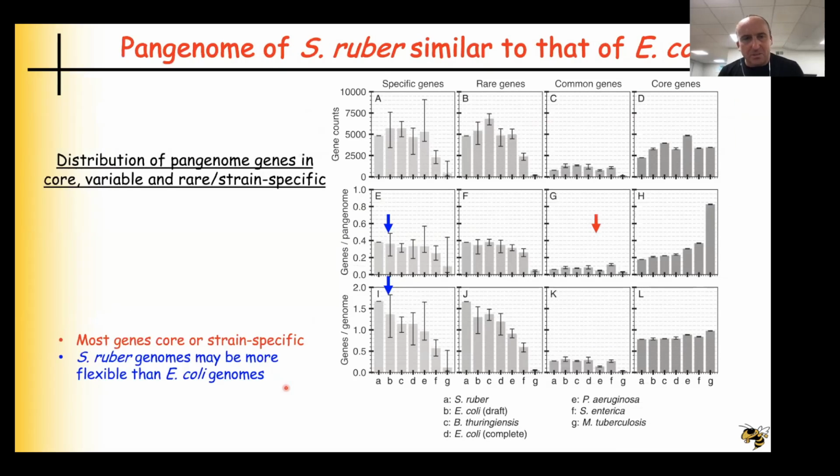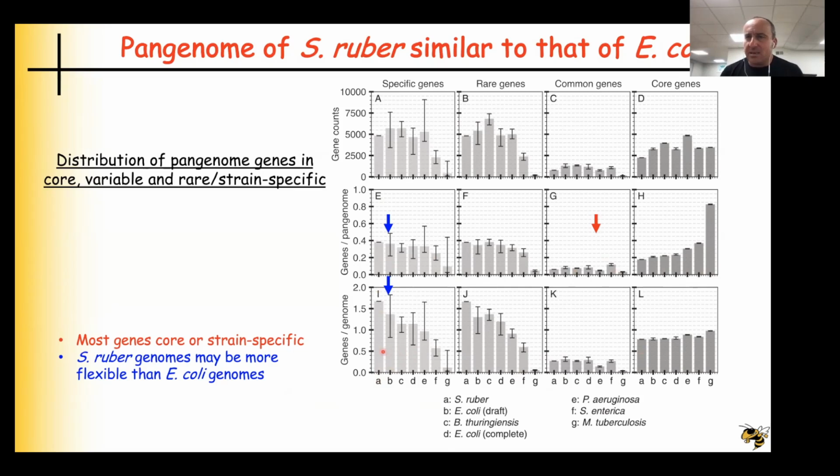And so this is a picture from Roth's papers to show you that basically the genes among these 100 Salinibacter or 123, they are either core, like everybody has, or strain specific. There are very few genes that 20 or 30% or 50% of the strains have. And then if you look at the strain specific genes, here the A is the Salinibacter, B is the E. coli, and it has a lot of other species.